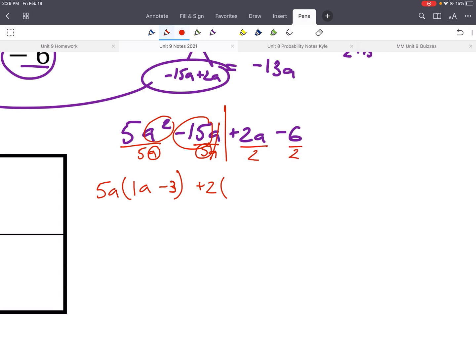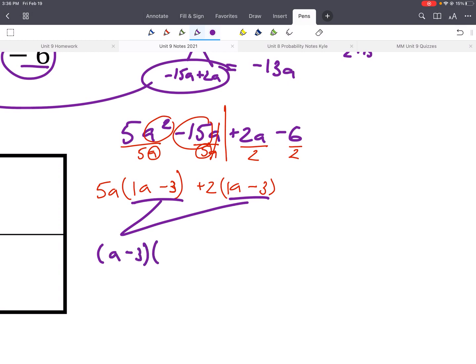And that leaves us with 1a, minus 3. And you notice again that they're the same, so we can factor those out. So that's going to be one of our parentheses, a minus 3. And then what's left goes in the other parentheses, 5a plus 2.